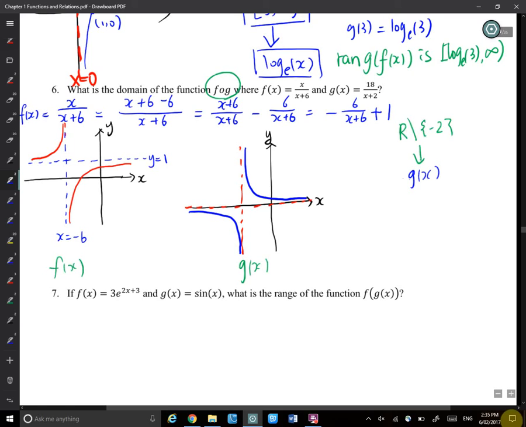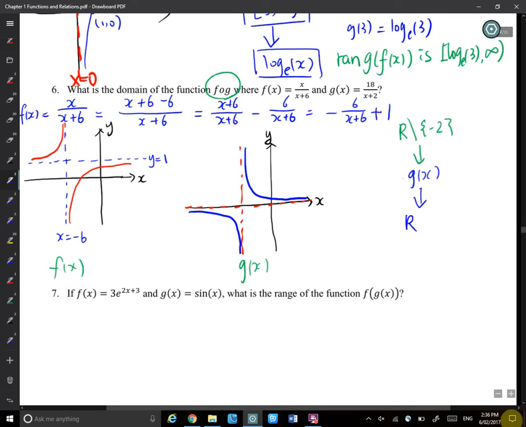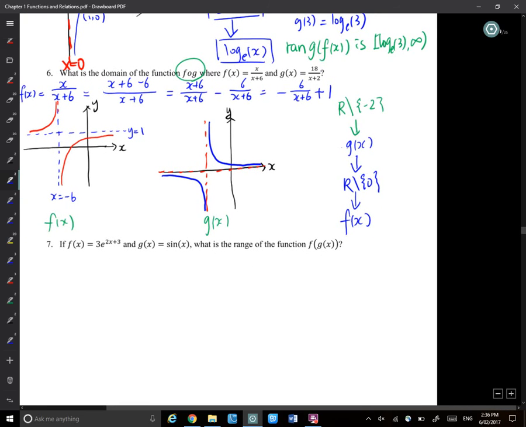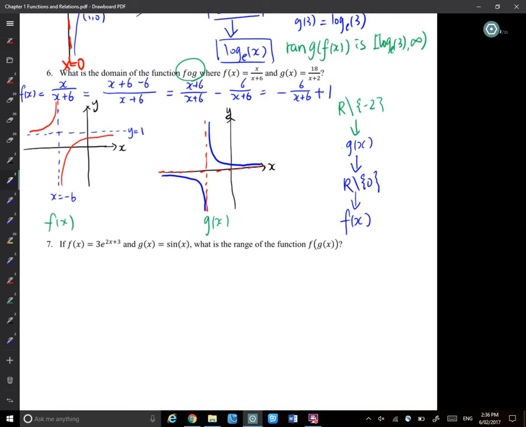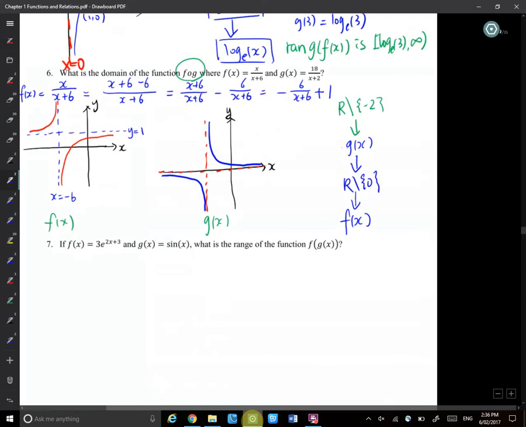And what's the range coming out? What's the range for g? R except 0. Okay, and I want to put that into my f(x). In my f(x), what's the domain? The domain of f is R except -6.